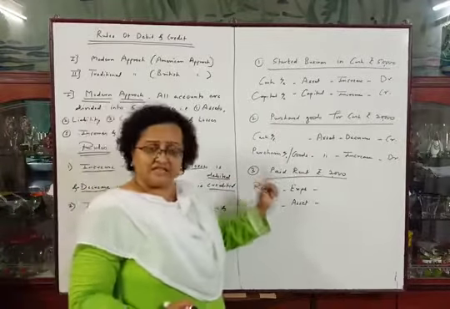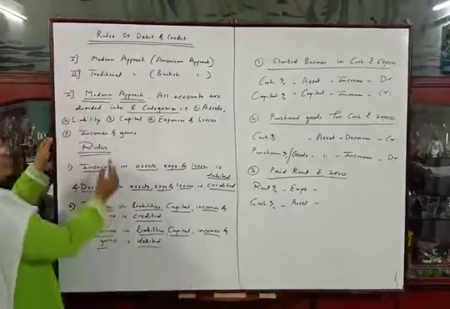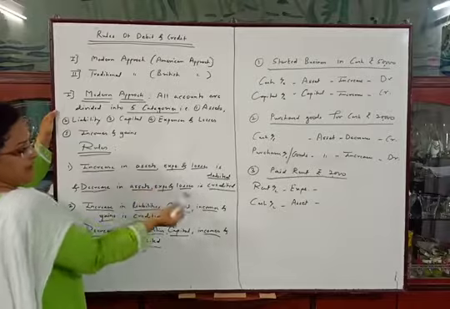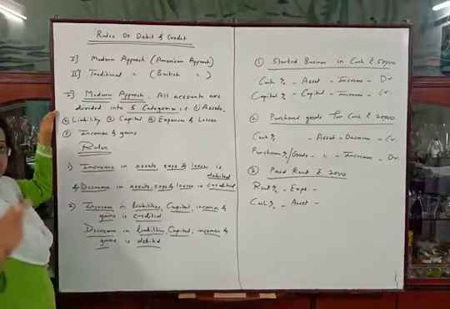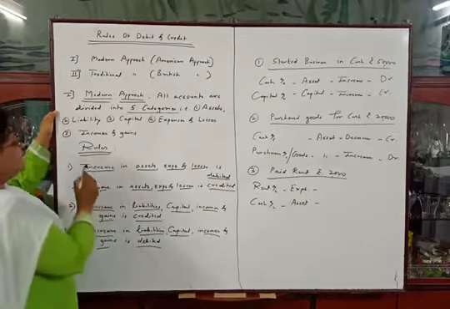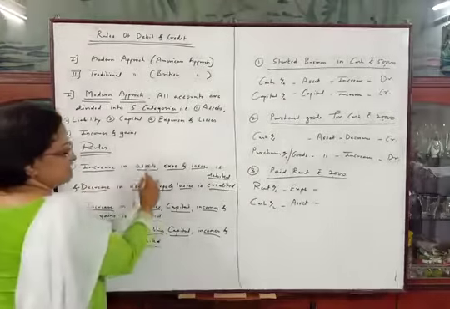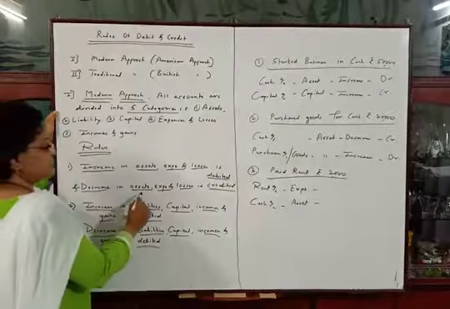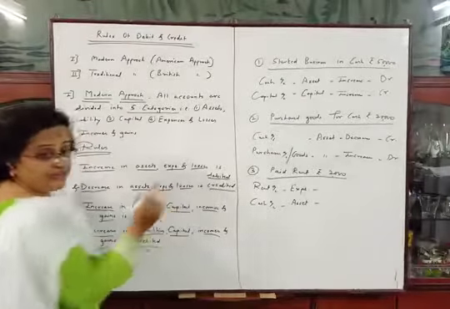For this transaction we can apply the first rule only, because rent is expense and cash is asset. They told us that increase in asset, expenses and losses is to be debited and decrease in asset, expenses and losses is to be credited.